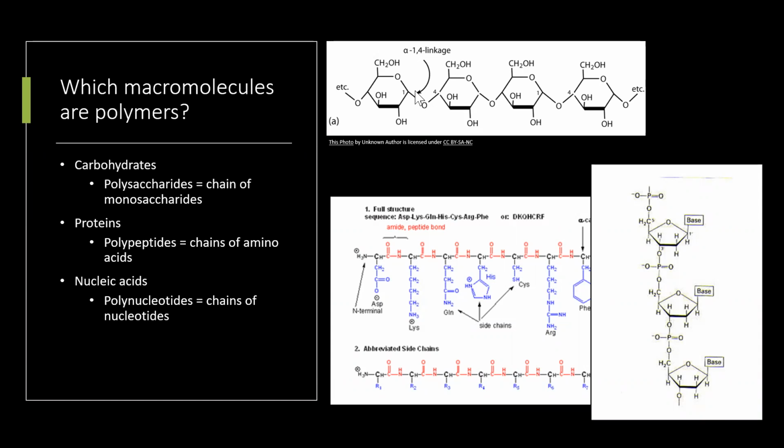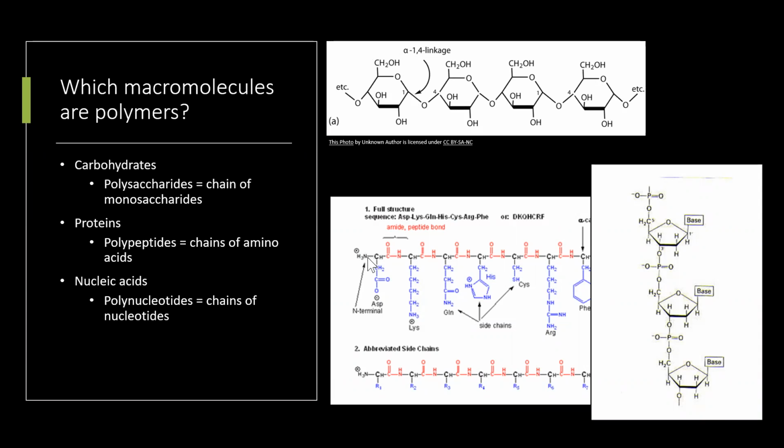Specifically, this is a molecule of starch. We'll go over starches in the next video on carbohydrates. But each monomer is basically a glucose molecule. So once you put a lot of glucose molecules together, one right after the other, that makes up a polysaccharide.